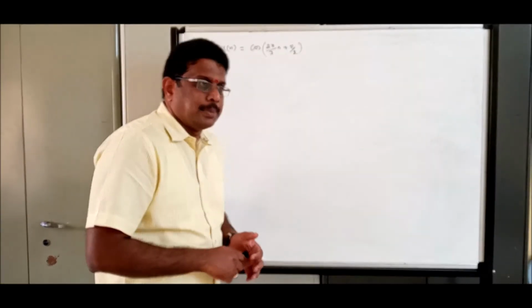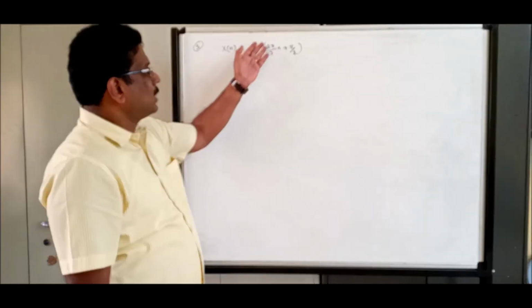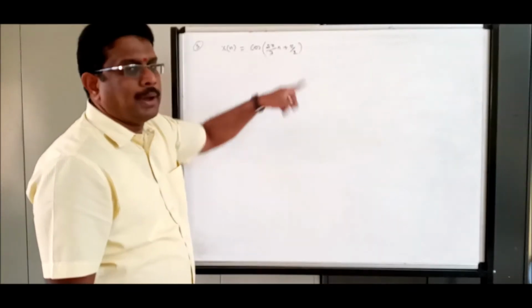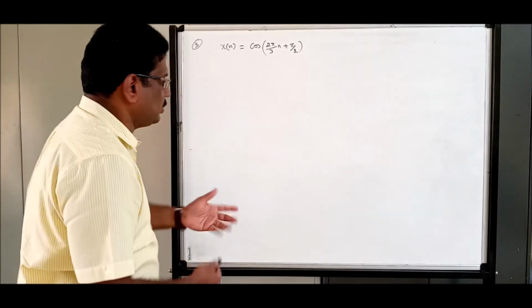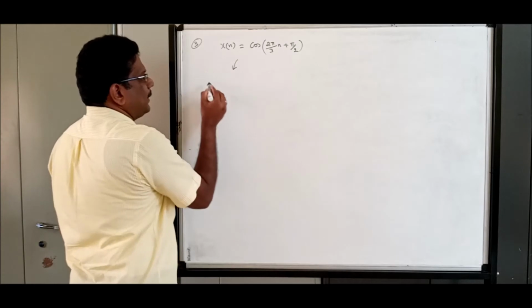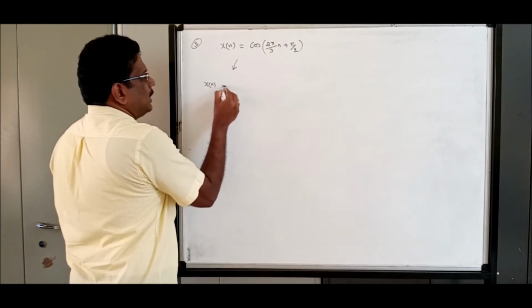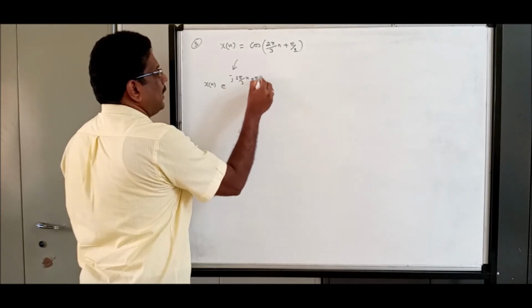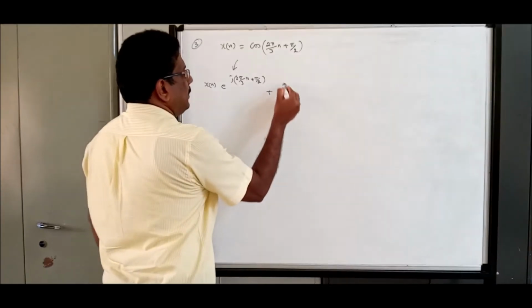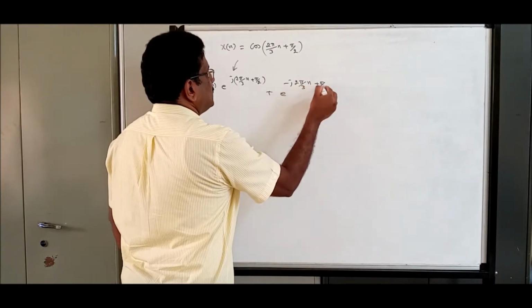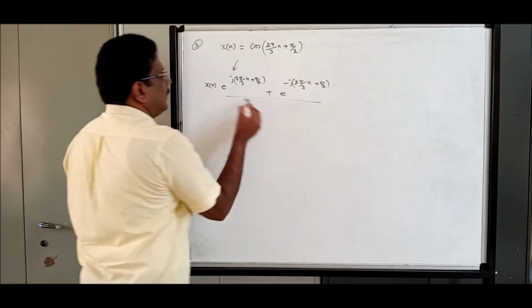Let us do another problem, where we have cos of 2 pi by 3 n plus pi by 2. We should know this omega is 2 pi by 3 and this pi by 2 is the phase angle. That doesn't matter for us. The regular procedure is to expand using Euler's formula: e power j (2 pi by 3 n plus pi by 2) plus e power minus j (2 pi by 3 n plus pi by 2), divided by 2.